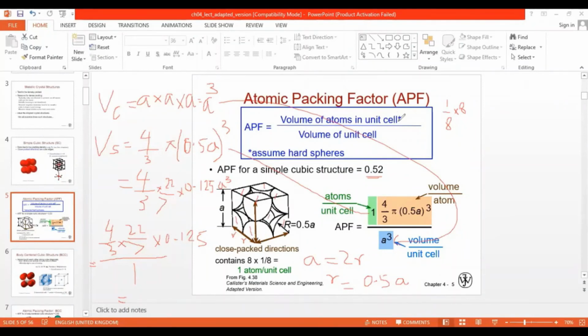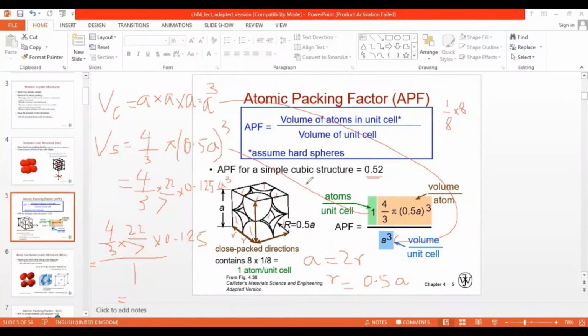Volume of the unit cell is this into this into this. So this A cube is the volume of the unit cell, and this 4/3 pi r cube is the volume of atoms in the unit cell, right?